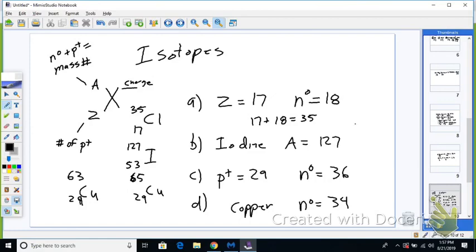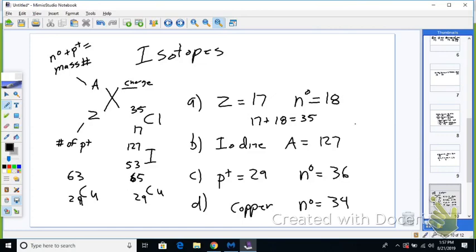So if I have a sample of copper, I'm going to have both those isotopes in there at a different percentage. Okay? And there's only two copper isotopes. So which one is most prominent in the sample? 63. 63, right? Because the weight is closer to 63 than it is to 65.